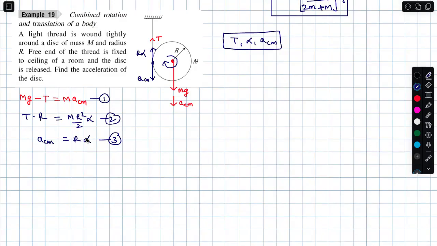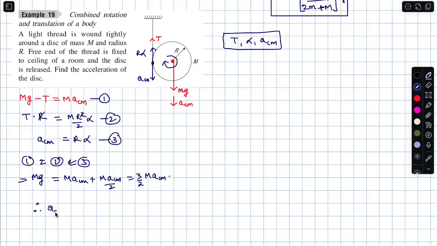Clear? Boys and girls, any doubts? Right. So therefore, from this, what can we conclude? Just solve this. You will have this relation, and using 1, 2 and 3, it implies mg is equal to M ACM plus M ACM by 2, which is 3 by 2 M ACM.